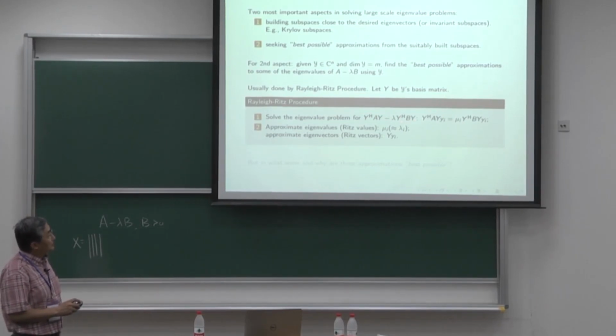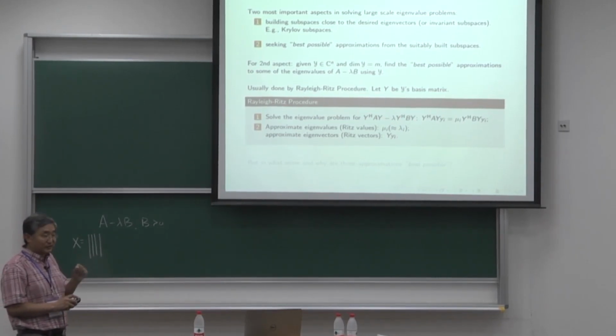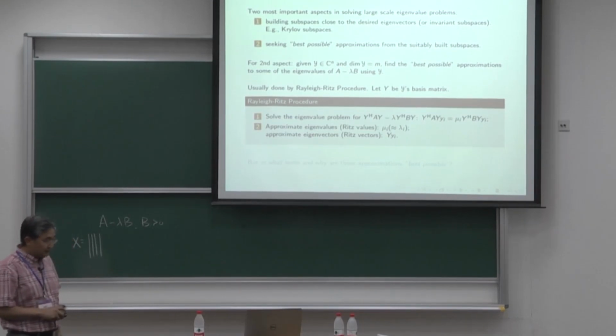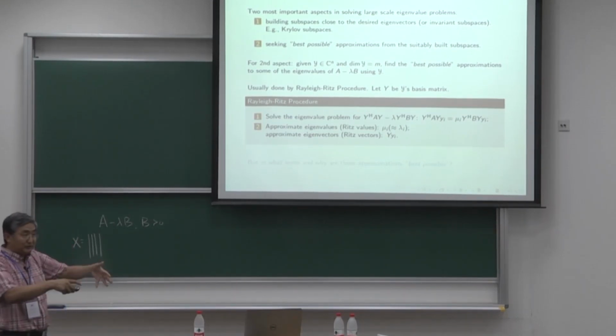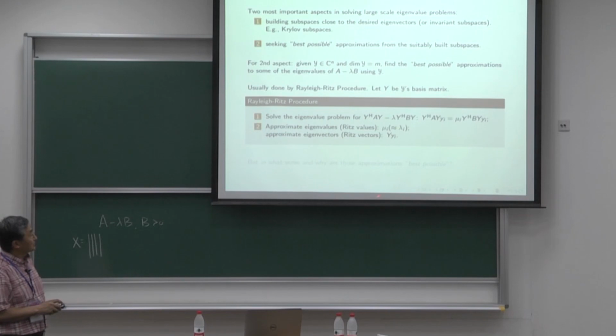You solve it because usually m is very small. You don't do a very large subspace projection. It's usually small, and when you have a small problem, you solve it. And then here's the approximation. You have an approximate eigenvalue, which we call the Ritz value, mu i.